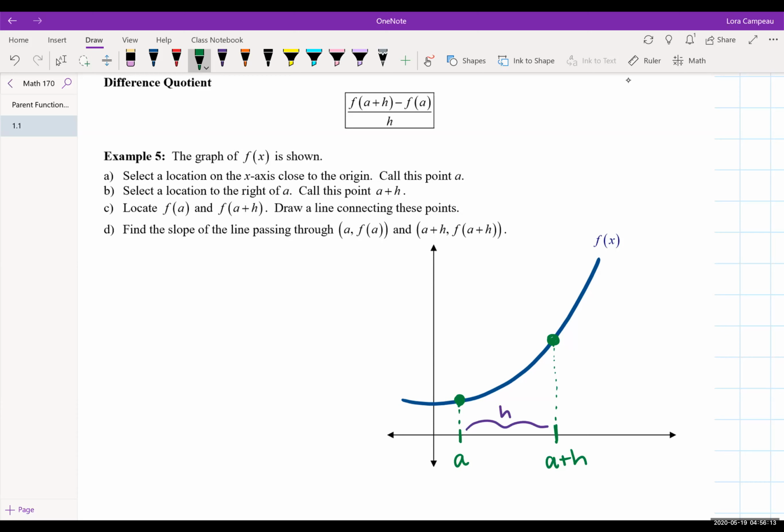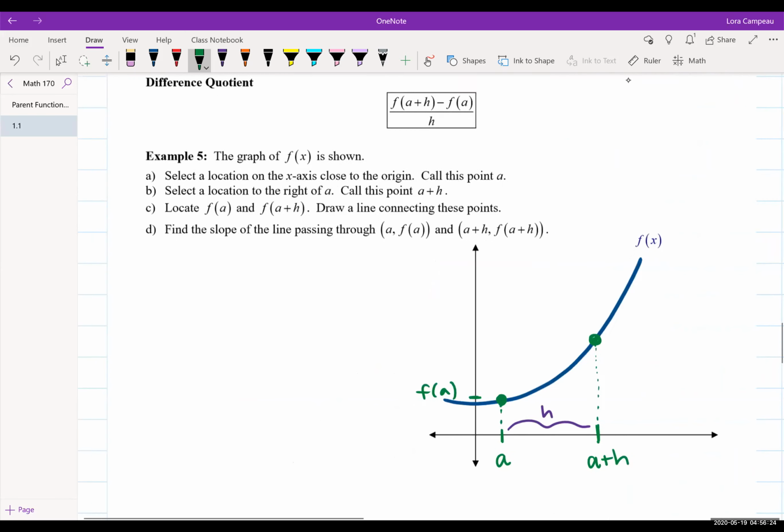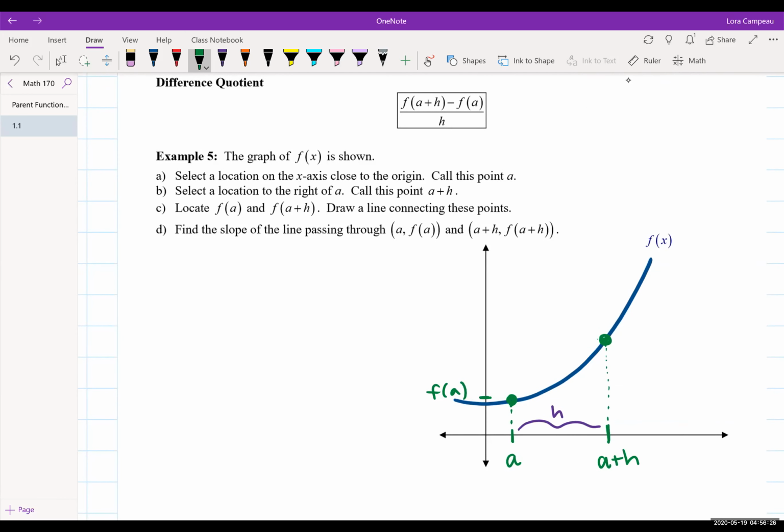So for a, we end up having f of a. We don't really know the value, but it is the function evaluated at a. And then for a plus h, if we were to name the particular y value, we'd have to map ourselves back to the y-axis and say, okay, that's whatever number that is. In our case, it's f of a plus h.